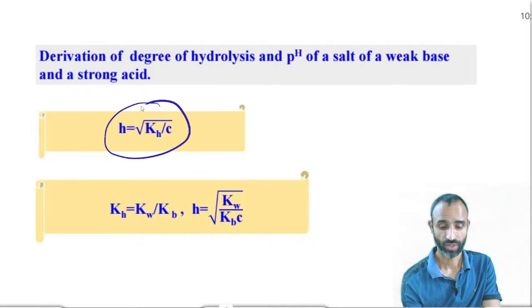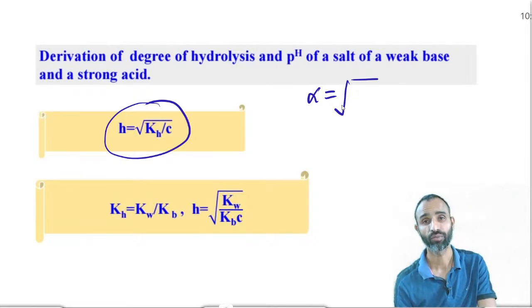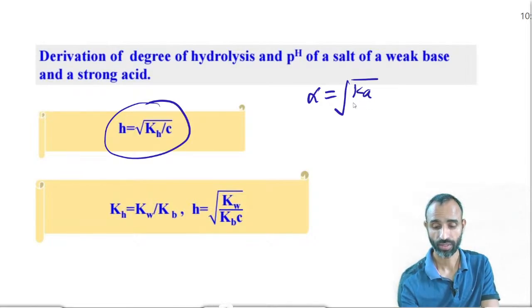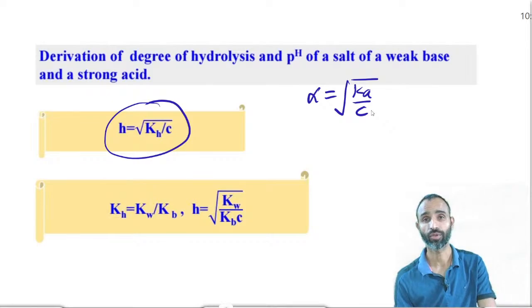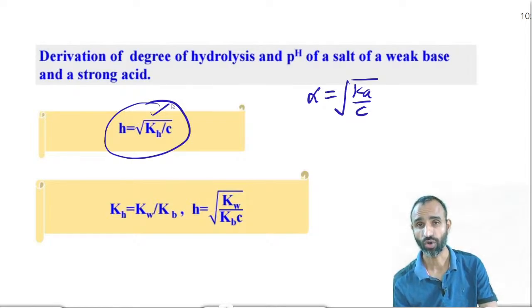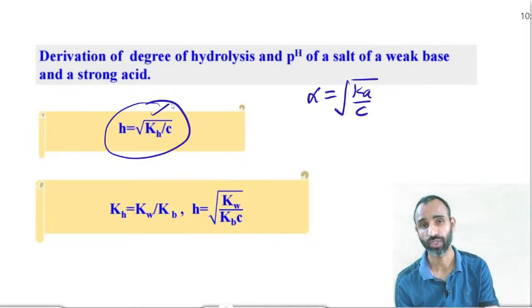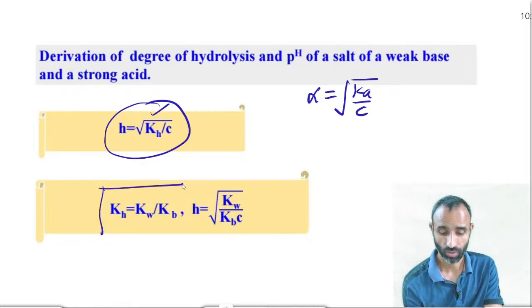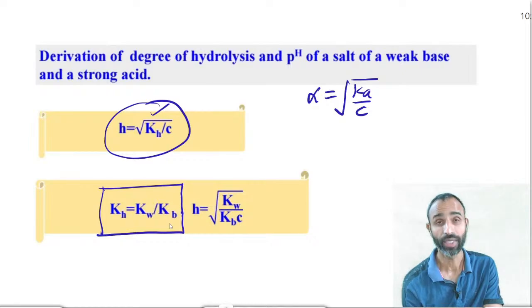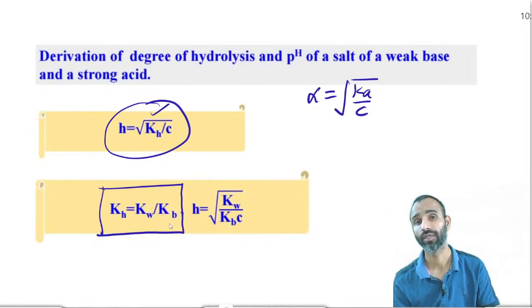Degree of hydrolysis: just like weak acid and weak base, alpha was under root Ka upon C. Here instead of Ka and Kb we have Kh, that is hydrolysis constant. So h is equal to square root of Kh upon C, and Kh is equal to Kw upon Kb of the weak part, because only the weak part undergoes hydrolysis.